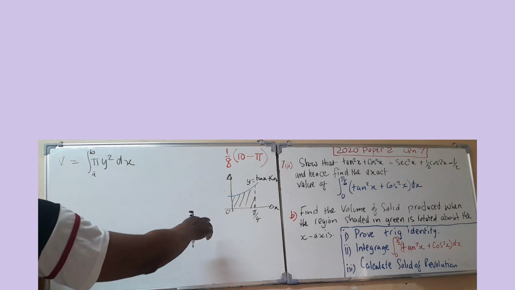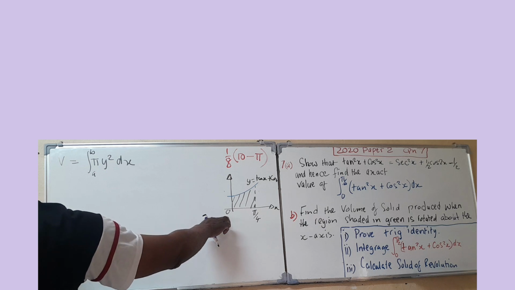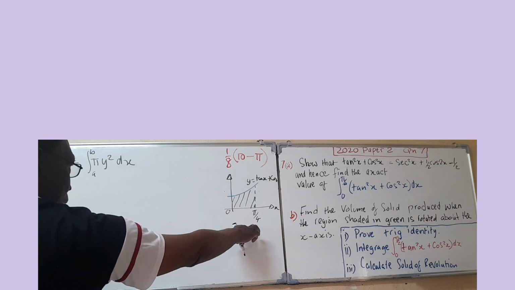In this case, of course, our a is equal to 0, our b is equal to pi over 4.